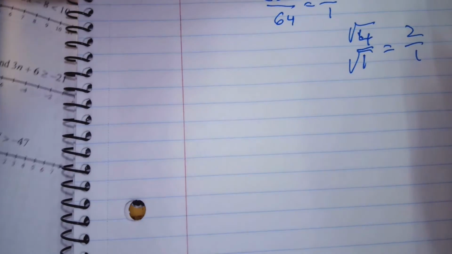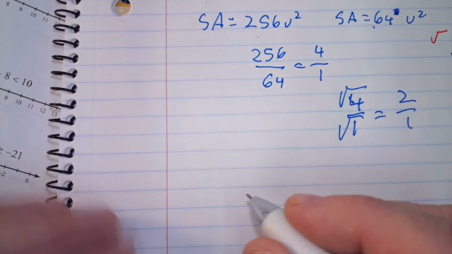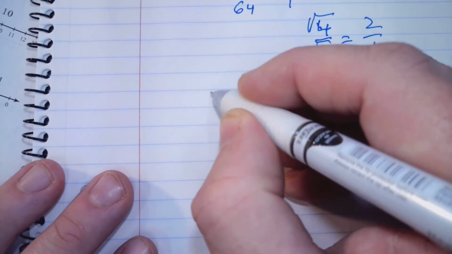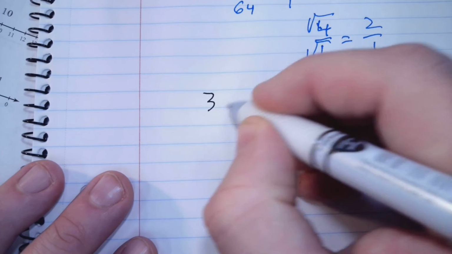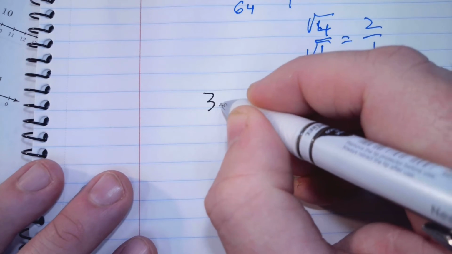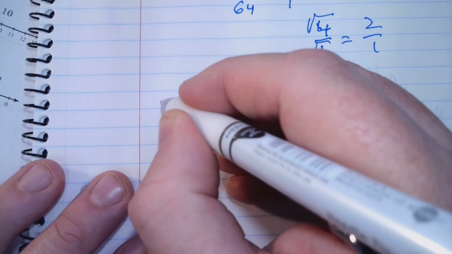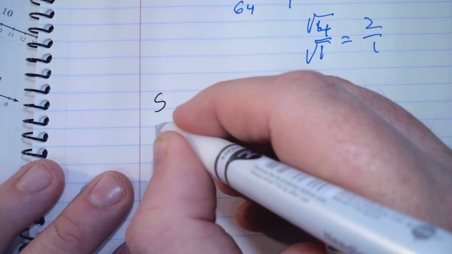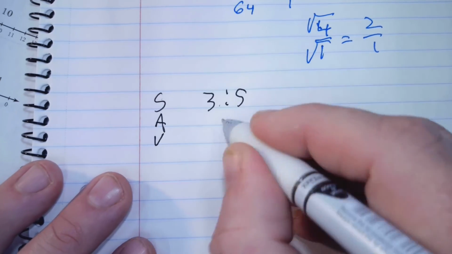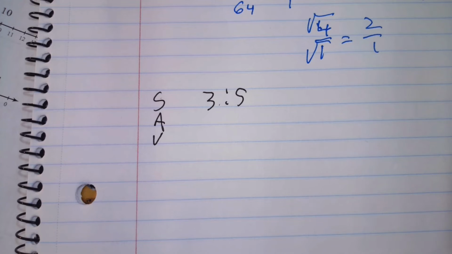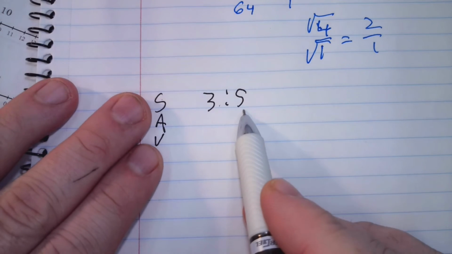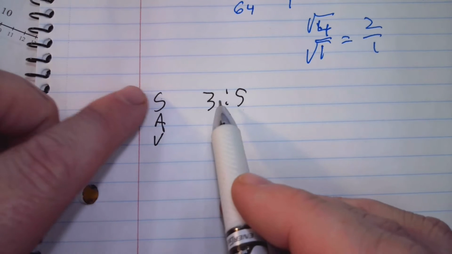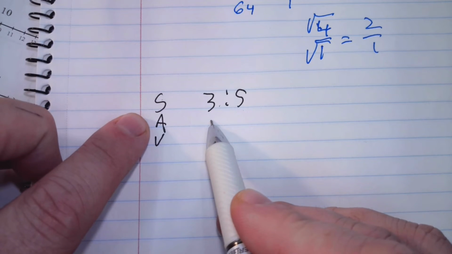So basically what we're going to do here is I just want you to do this. Here's a scale factor, 3 to 5. I want area. I want volume. Come up with the ratios for area and the ratios for volume. And you always start at the scale factor and branch out. So how would I go from level 1 to level 2?